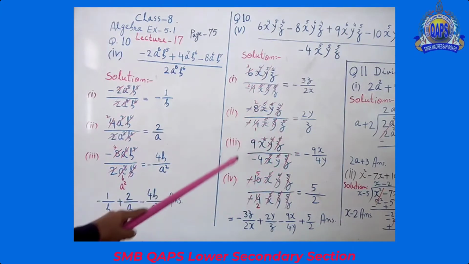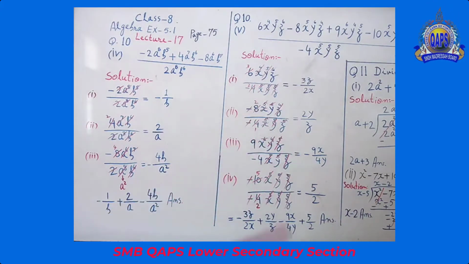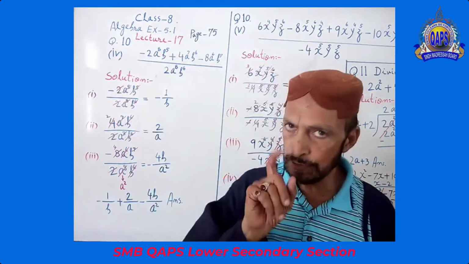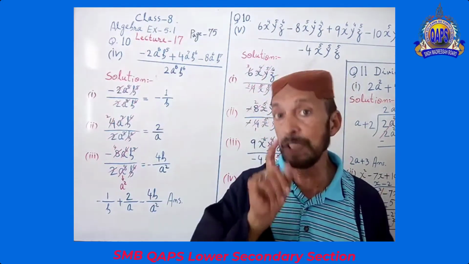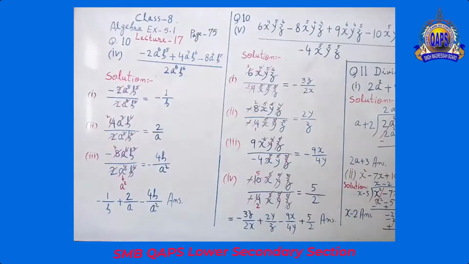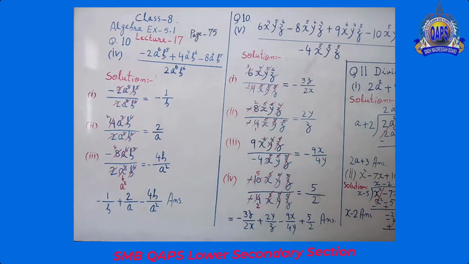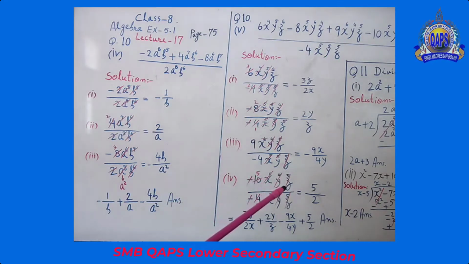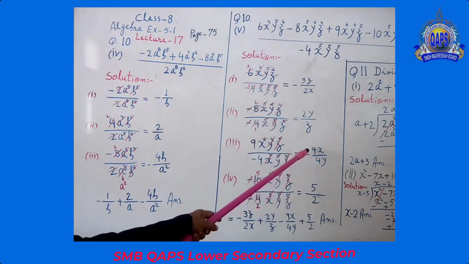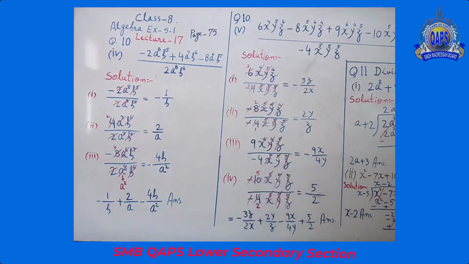I wrote it over here and I believe you can do it. I believe it. Try to understand. So the answer will be minus 9x upon 4y.